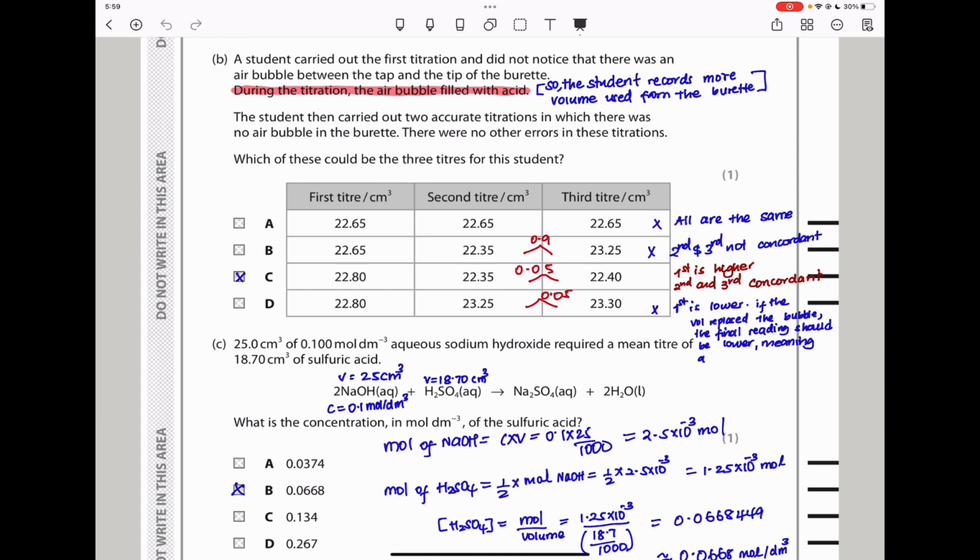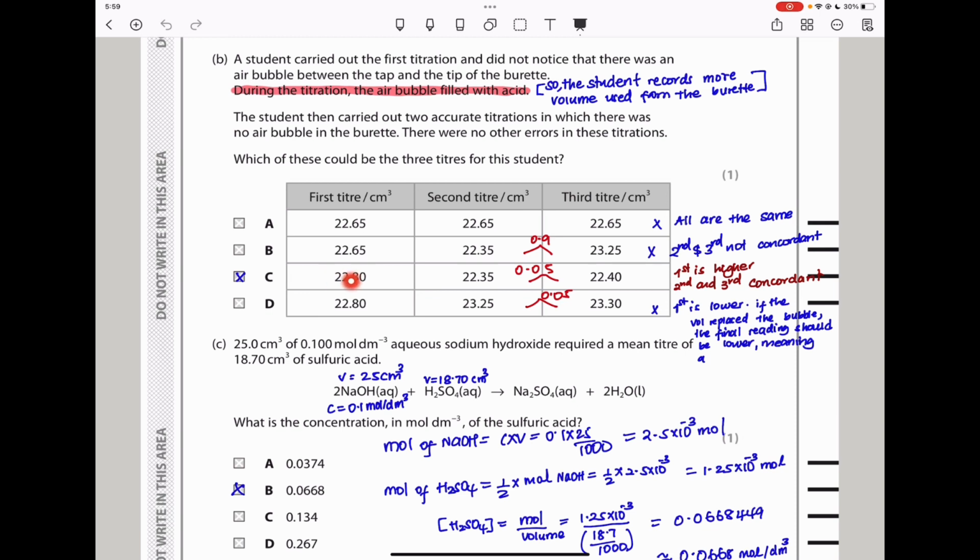When we look at A, the second and third are the same, but because they're the same as the first, yet there was an error in the first, A cannot be the correct answer. Now when we come to B, we can see this is higher, but this and this are not concordant because the difference between them is 0.9. Therefore, B cannot be the answer.